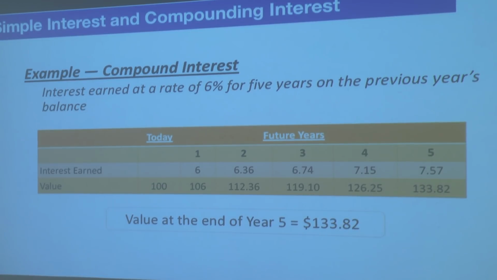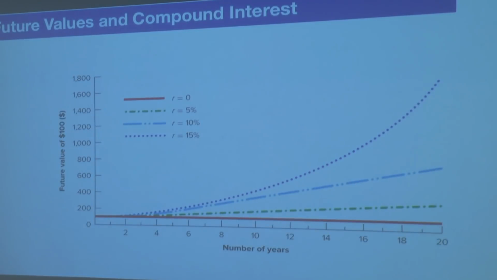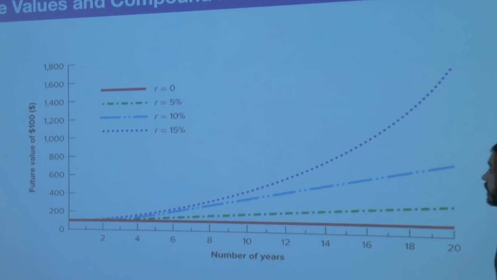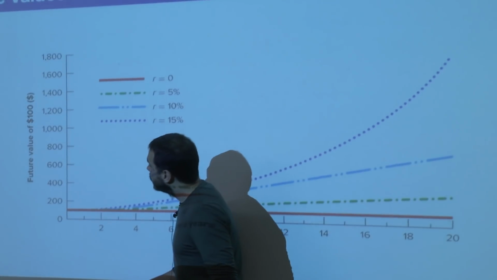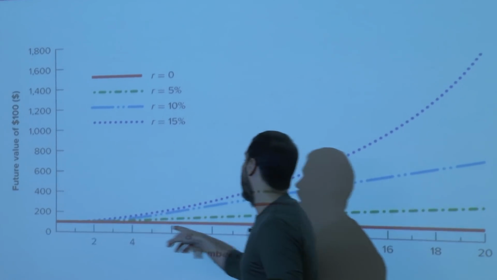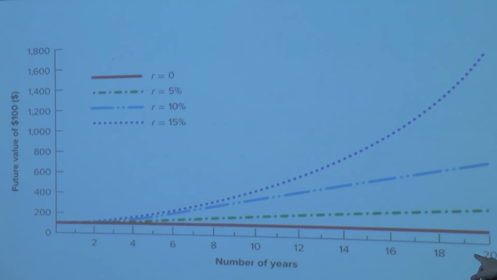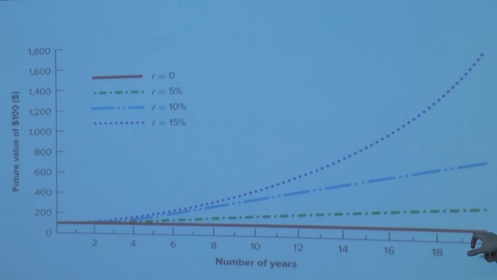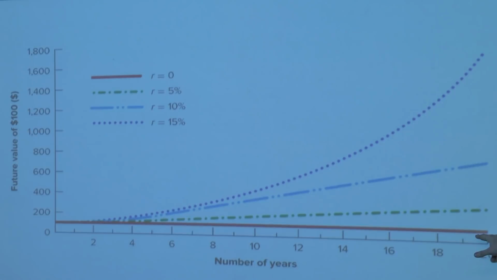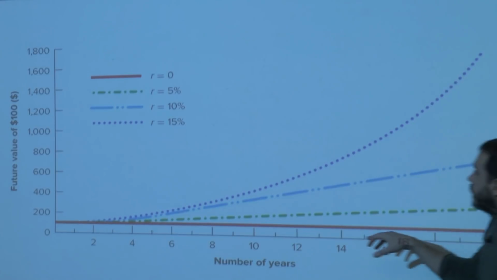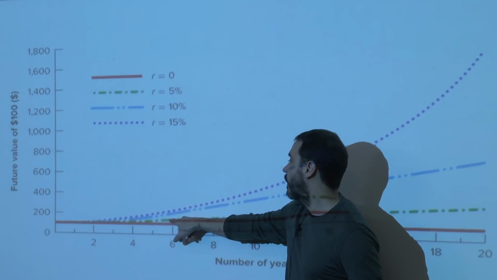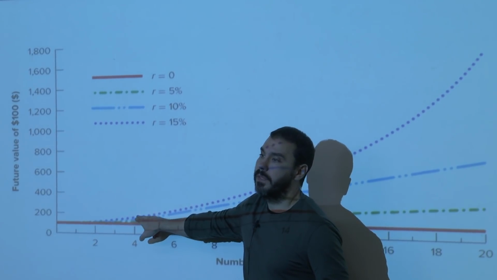Okay. Compound interest is very powerful. Here you see the future value of $100 as time goes on with different interest rates. With 0 interest rate, you don't earn anything; you keep your $100 forever. But as the interest rate grows from 5 to 15, in the beginning it doesn't look like there's a big difference.